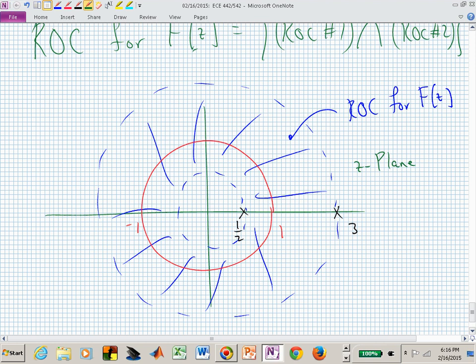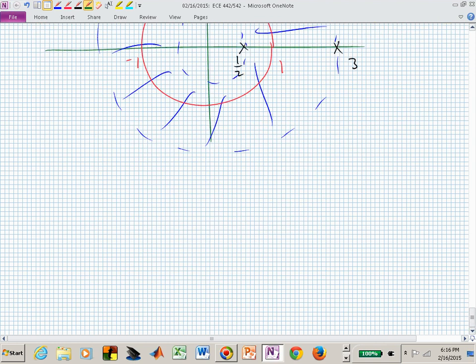What does that mean? Does that tell us anything about the behavior of f of n?